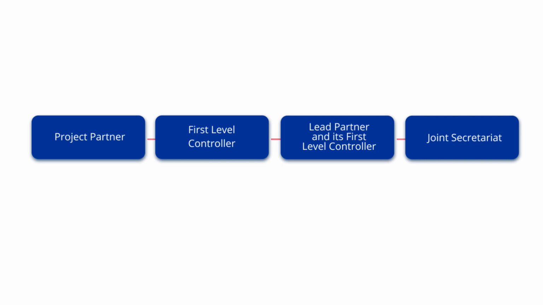The first level controller of the lead partner conducts a quality control and answers the corresponding questions in the checklist. The documents for doing this quality control need to be forwarded from the lead partner to the first level controller. The progress report is then transferred to the joint secretariat by the lead partner.